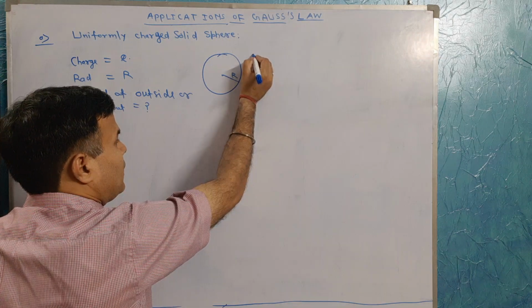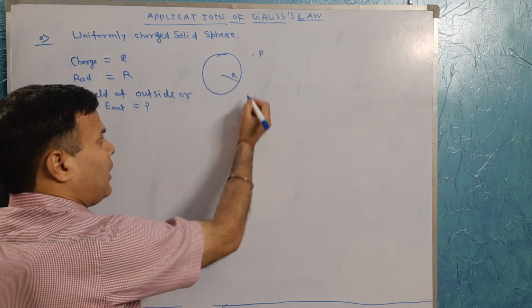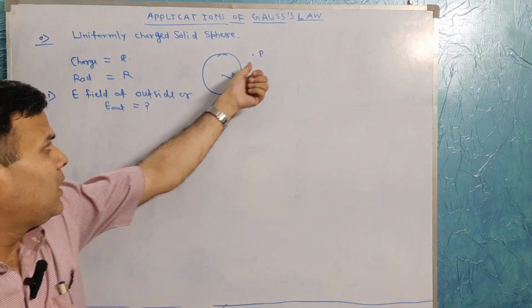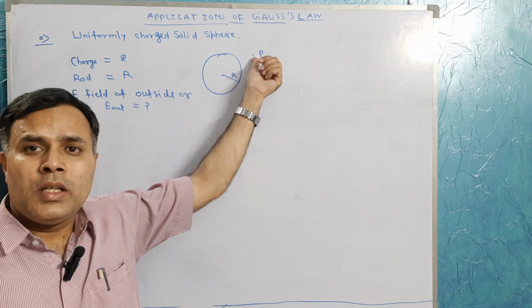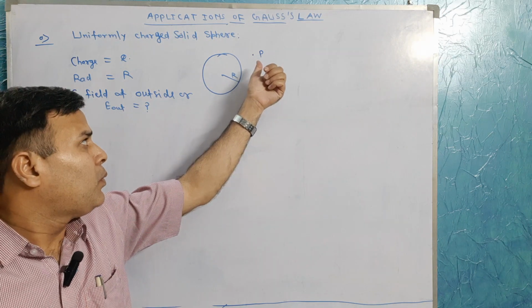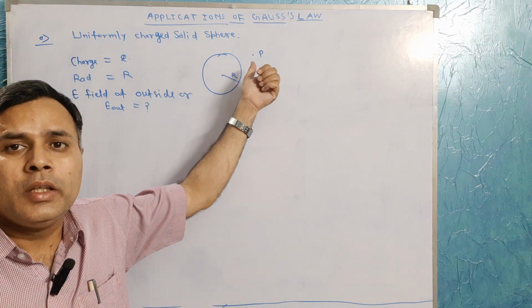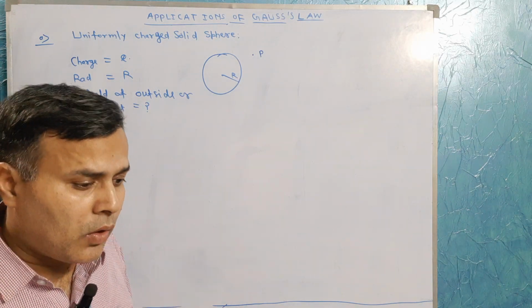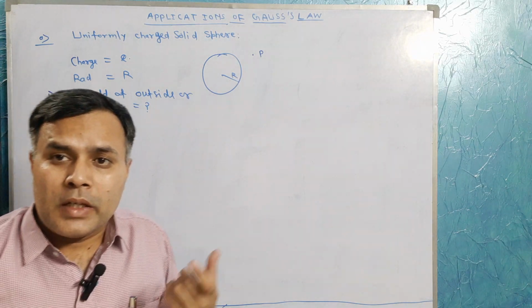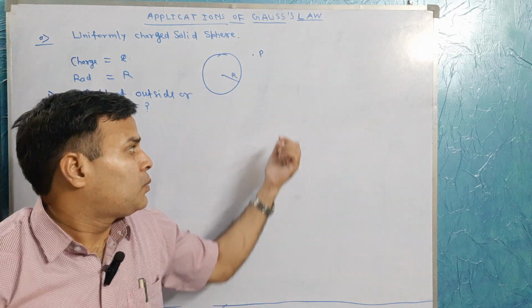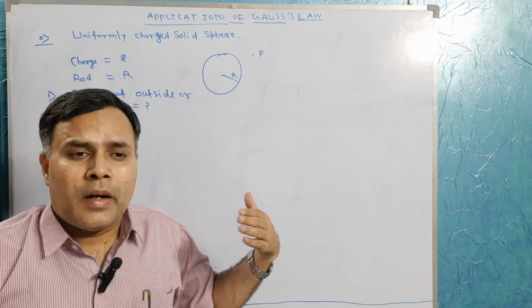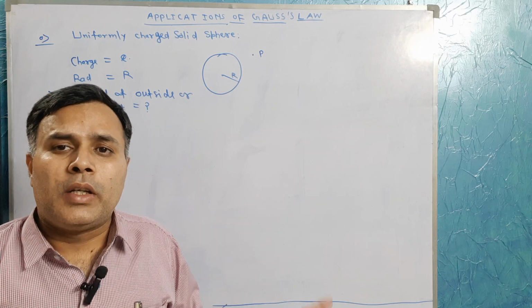So let us consider this point P, anywhere outside this sphere, and we want to find the electric field using Gauss law. So what is our job? How to apply Gauss law? I have already told you that this is a 4 to 5 step process through which we can find the electric field.